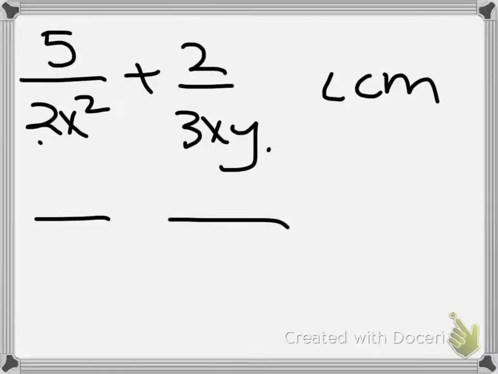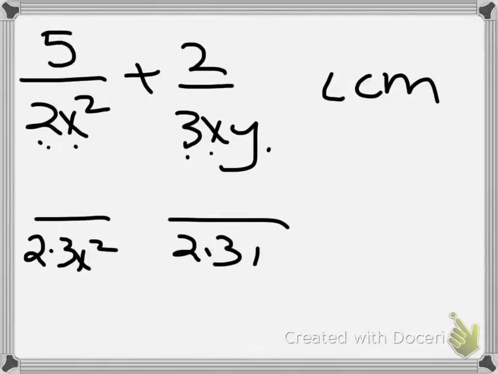Which one's more? One 2. Yes, we take a 2. And we have a 3 on this side and none on this one, so we take a 3. And then we have an x squared and an x, which is the highest? x squared. And we have a y and no y. What's the highest? y.